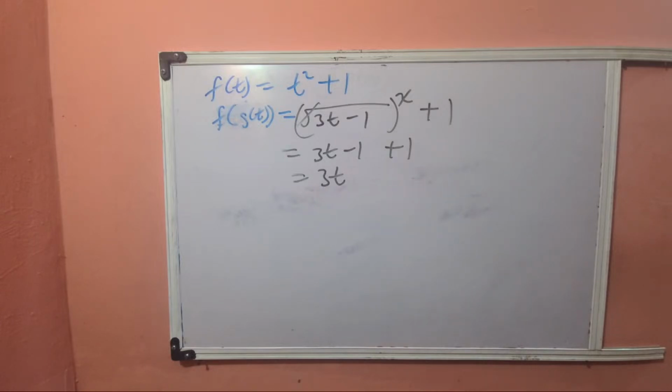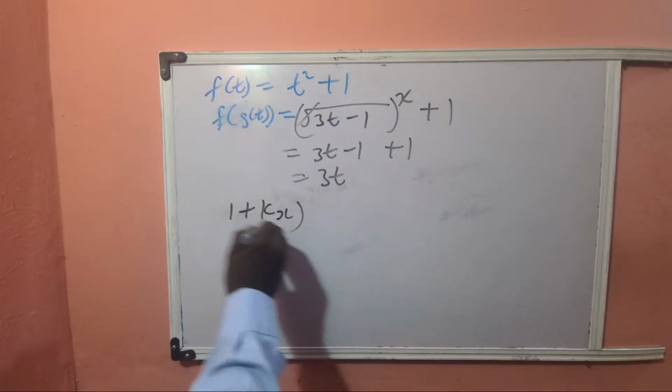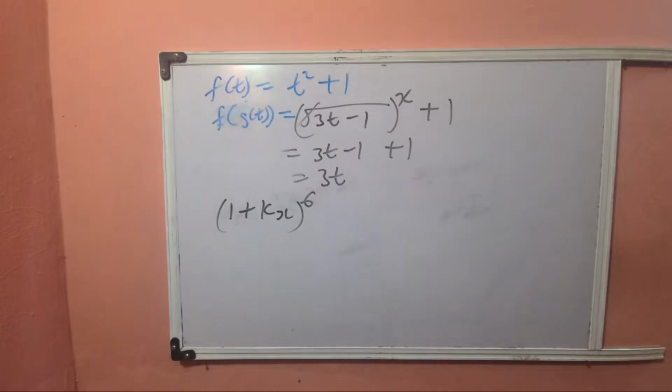The very first question said, in the binomial expansion of 1 plus kx raised to the power of 6, you are asked to find the value of k here. Let me read the whole question and you can get the hang of it.